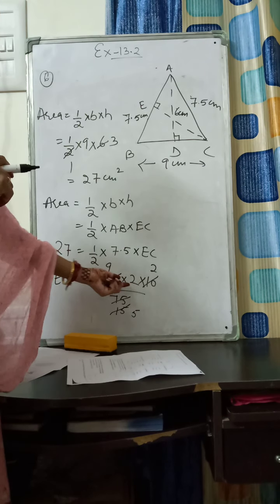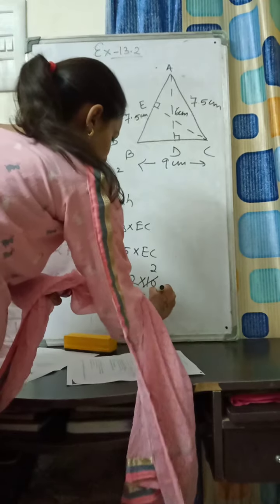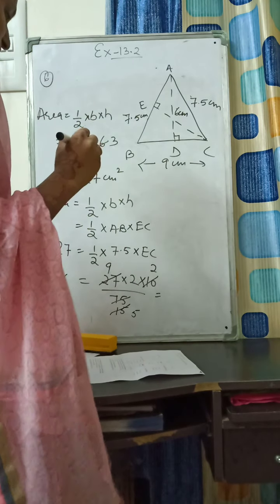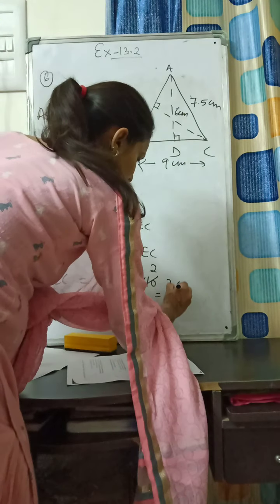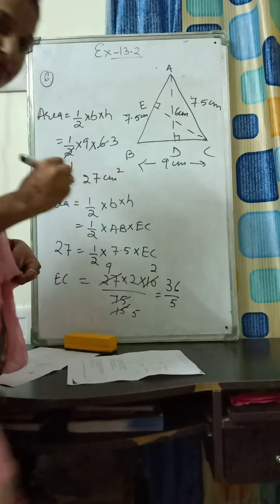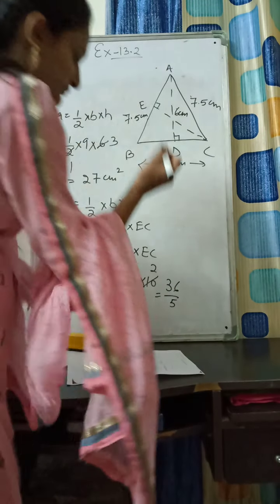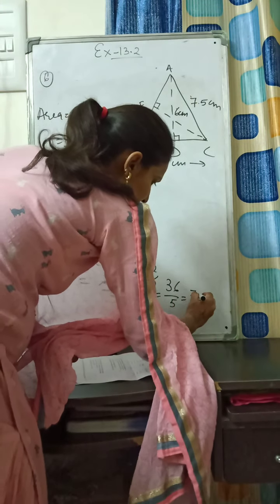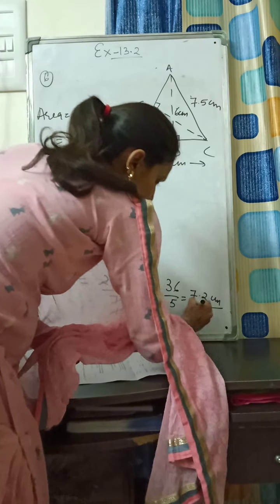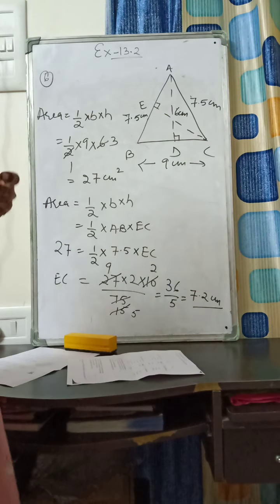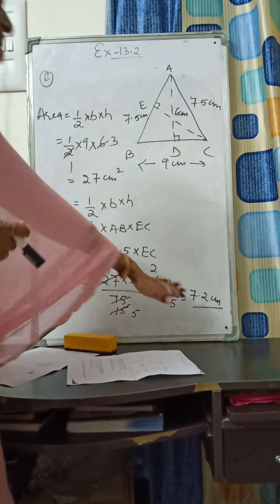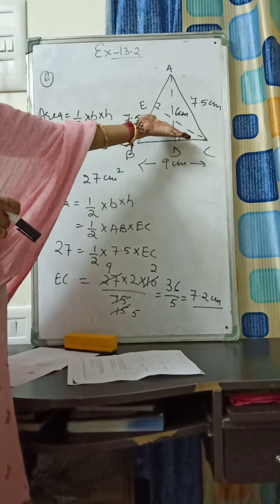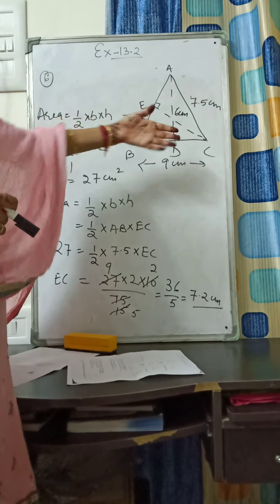Now 2 2s are 4 and 4 9s are 36 upon 5, and when we divide 36 by 5 we get 7.2 centimeter. So here 7.2 centimeter is the value of EC or the value of height.